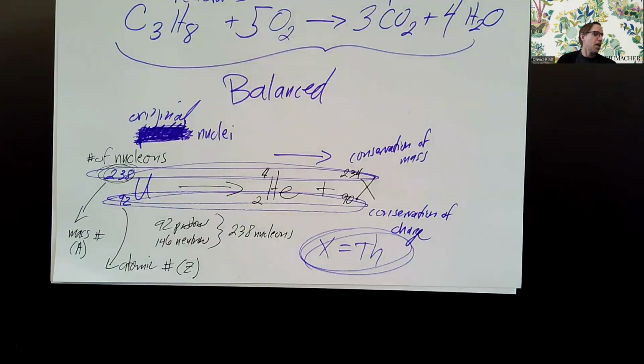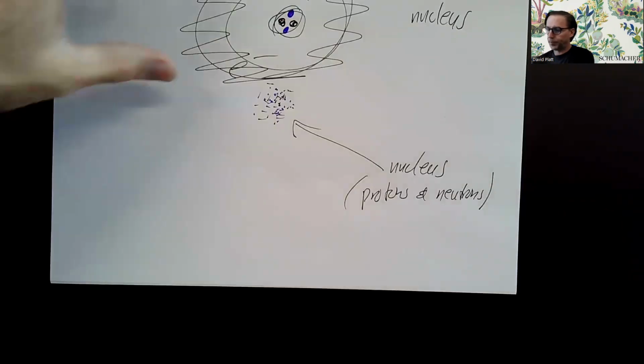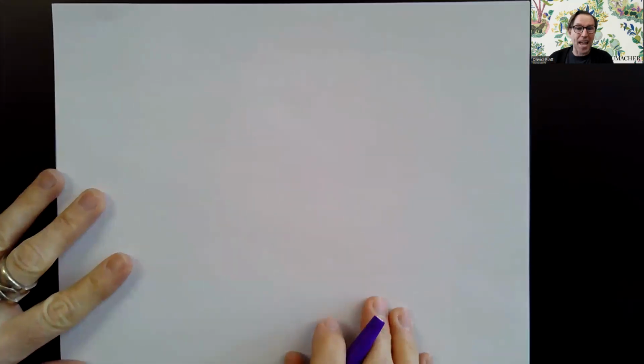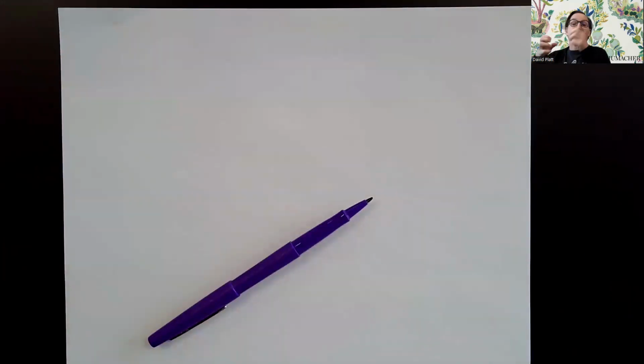All right, let me give you a couple more examples and see if that illuminates what I'm trying to show you here. There's another kind of nuclear reaction. We talked about alpha decay, when a thing gives off an alpha particle and turns into something else.